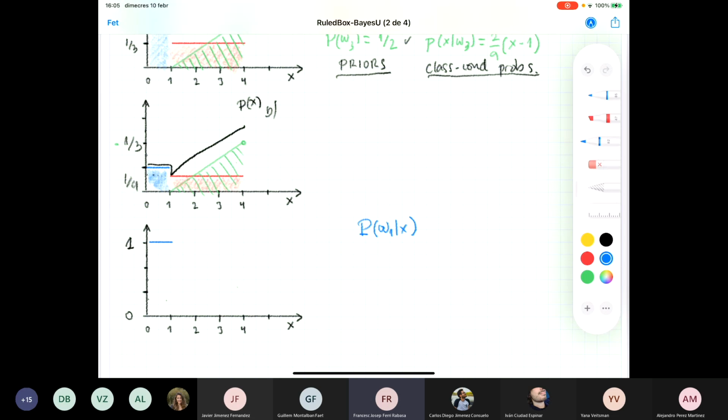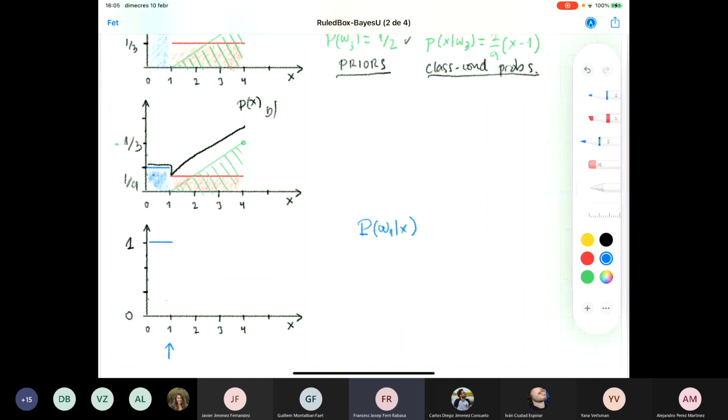What would be the posterior of class 2? Well, the posterior of class 2 would be, exactly at this point, the value of the red line is 1/9.